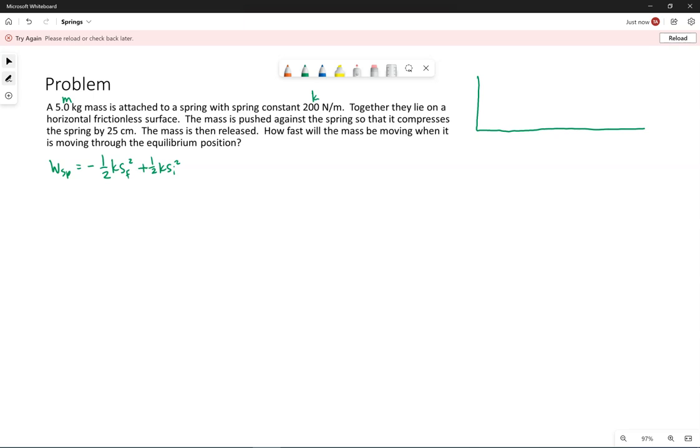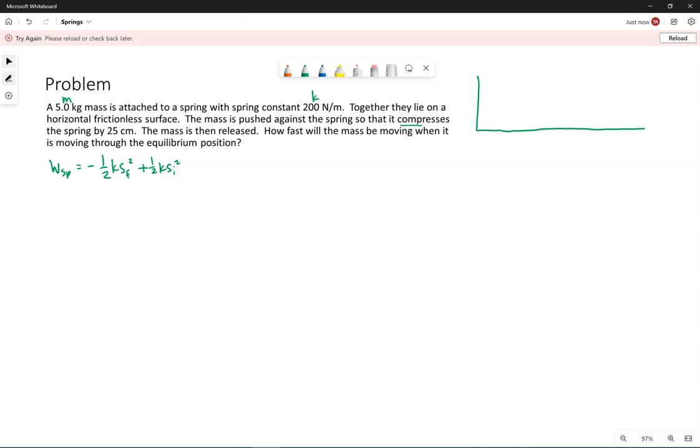So we need to talk about two specific moments in time. The moments I would choose is we know we're pushing the mass against the spring so that the spring compresses by 25 centimeters.